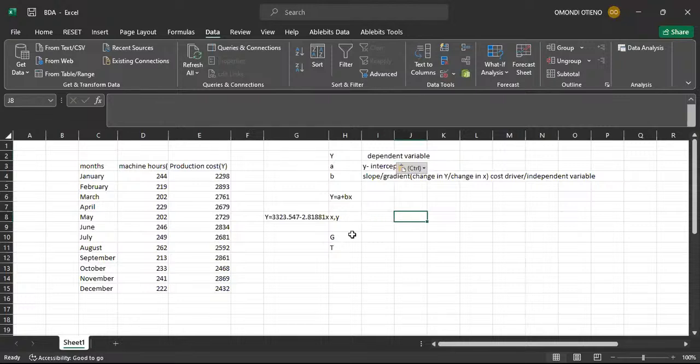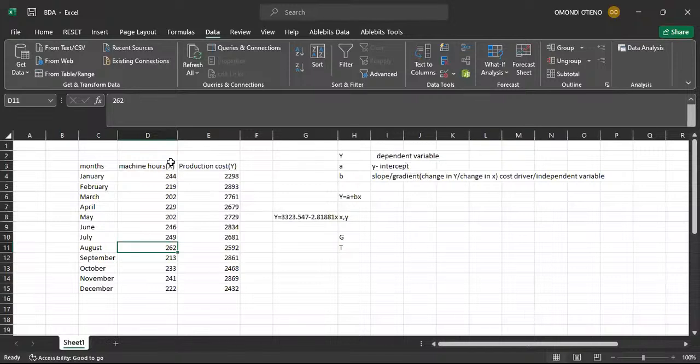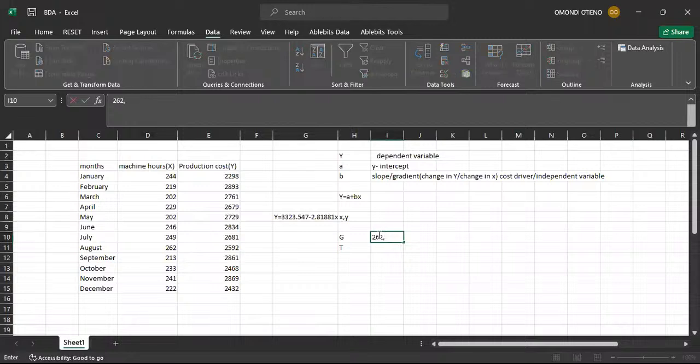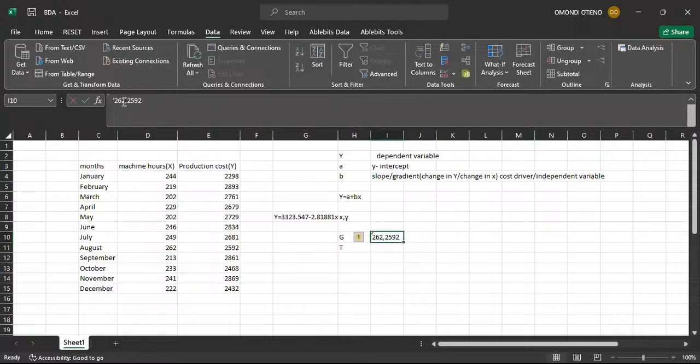So the pair that gives us the highest value, I'm being told it is 262, 25, 92. 262 is the highest figure, as we can see in the x section. So we have 262, comma, 25, 92. That is what we have as that coordinate.